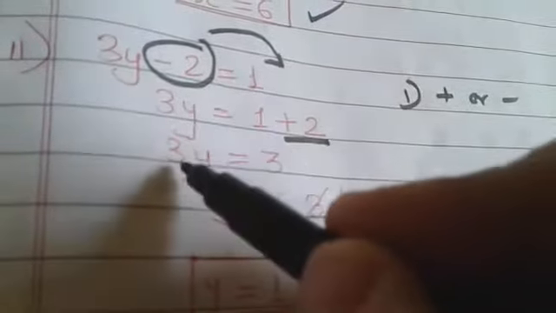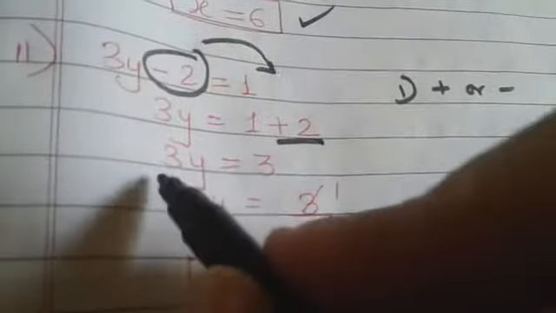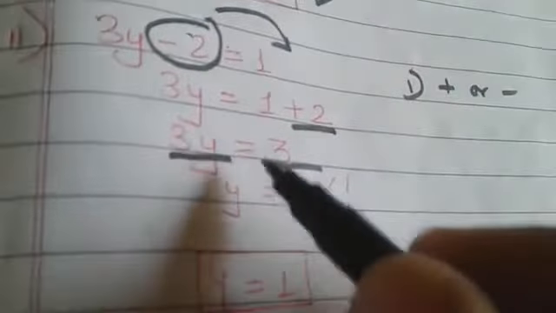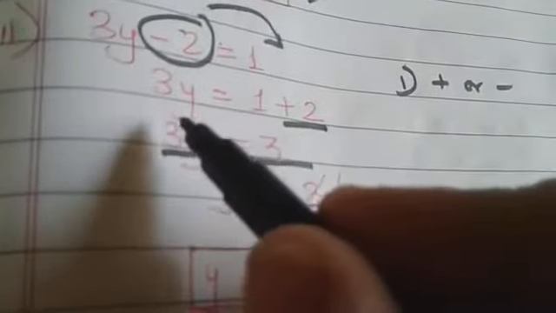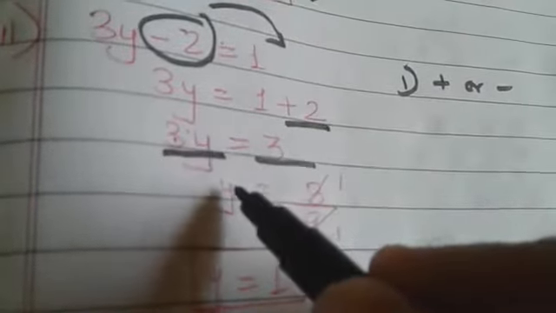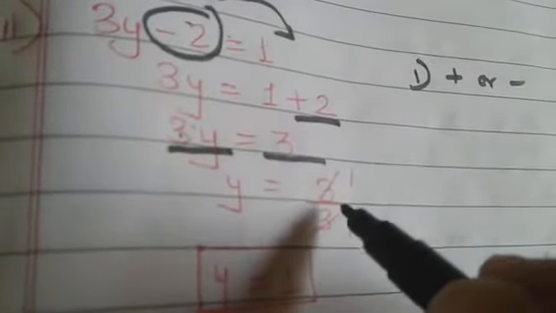So 3y as it is, 1 plus 2 is 3. Now the second transposition. 3 is multiplied by y, so y will be on LHS and 3 comes to the denominator, meaning 3 divided by 3. 3 ones are 3, so y is equal to 1.